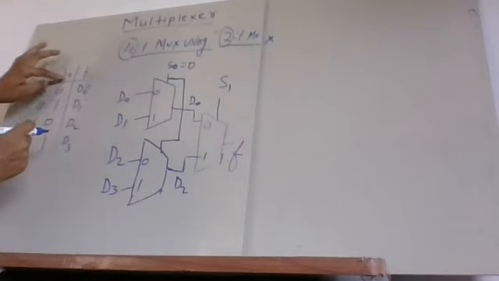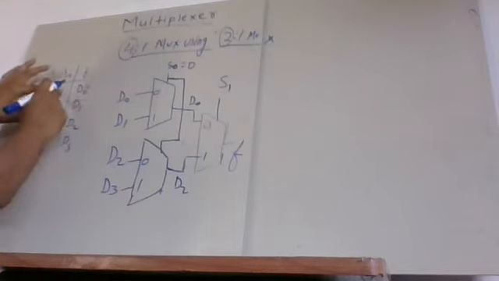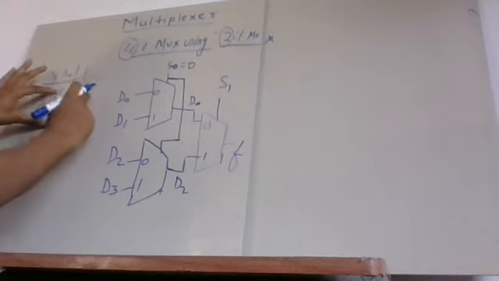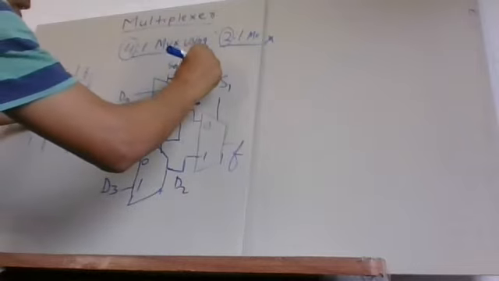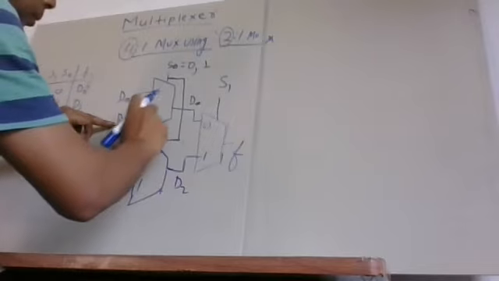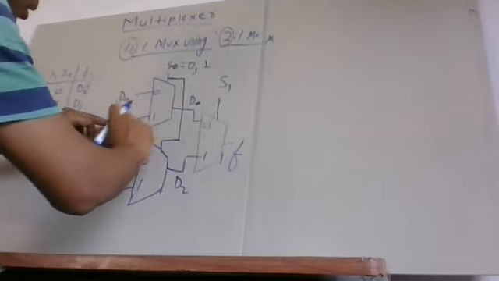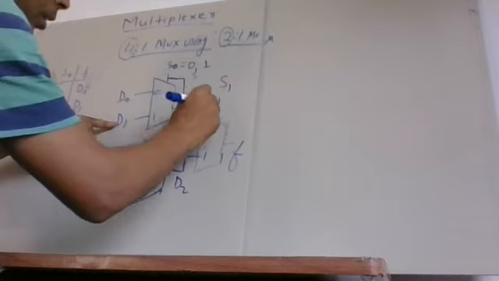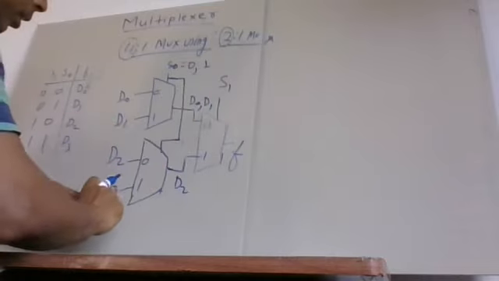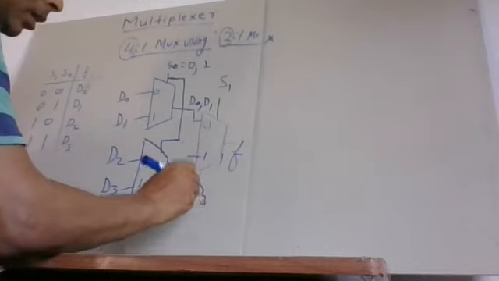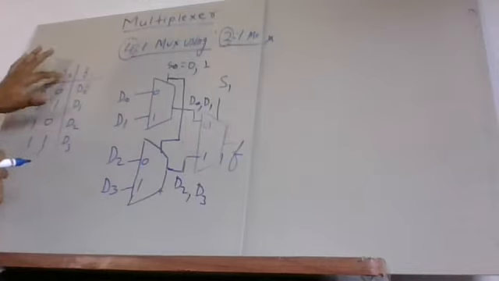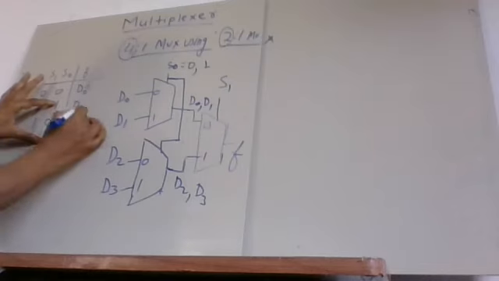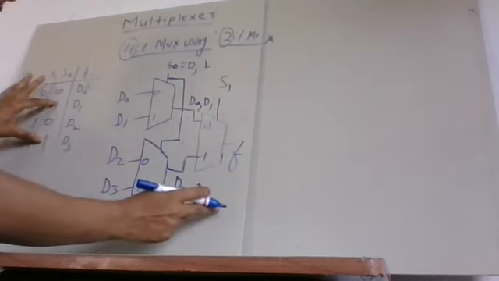But when S0 is equal to 1, the first one will transfer D1 here and the second one will transfer D3 here. Same thing we can see here, when S0 is 1, output is D1 and D3. So D1 and D3 come here.